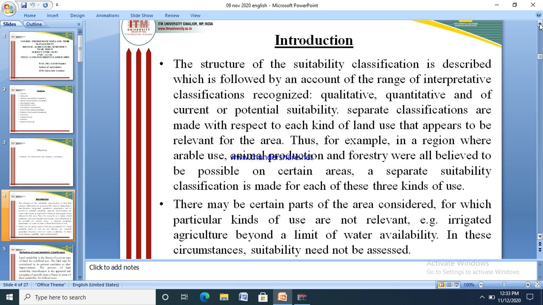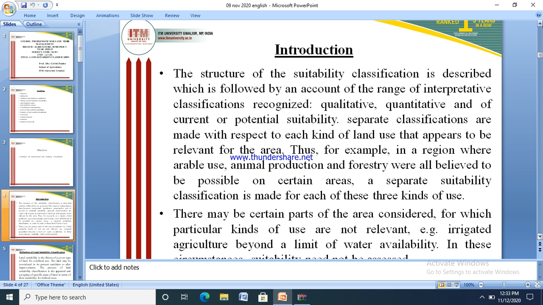Thus, for example, in a region where arable use, annual production and forestry were all believed to be possible on a certain area, a separate suitability classification is made for each of these three kinds of use.